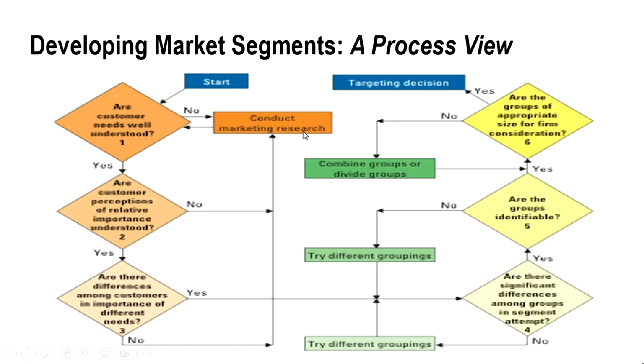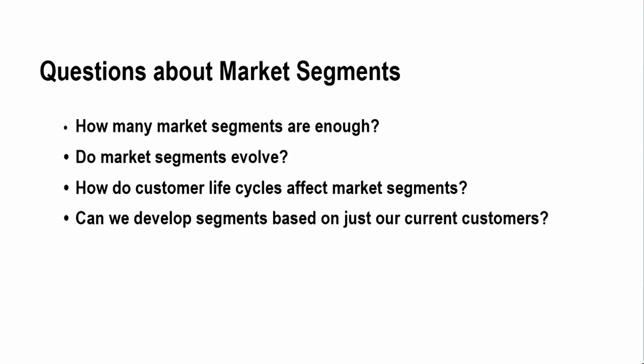If a good, crisp understanding is there, then we go forward to the next stage. In determining whether we understand the segment characteristics and customer needs well or not, we can use some questions. Of course, there are some prior questions before we start the flow chart method.